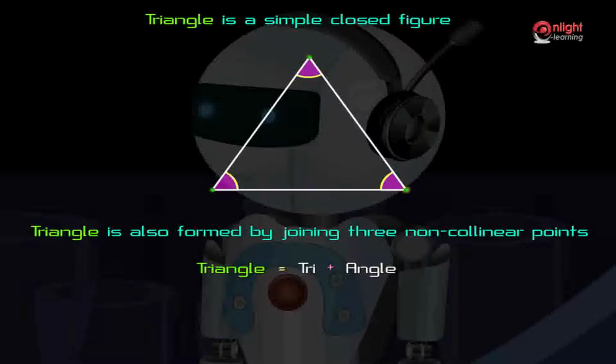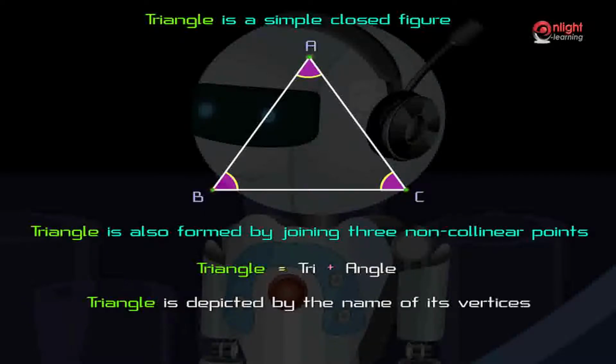We already know that a triangle is depicted by the name of its vertices. For example, the triangle shown here is depicted as triangle ABC. It can also be denoted as triangle ACB, triangle BAC, and triangle BCA, and so on. The order of vertices does not matter while naming a triangle.